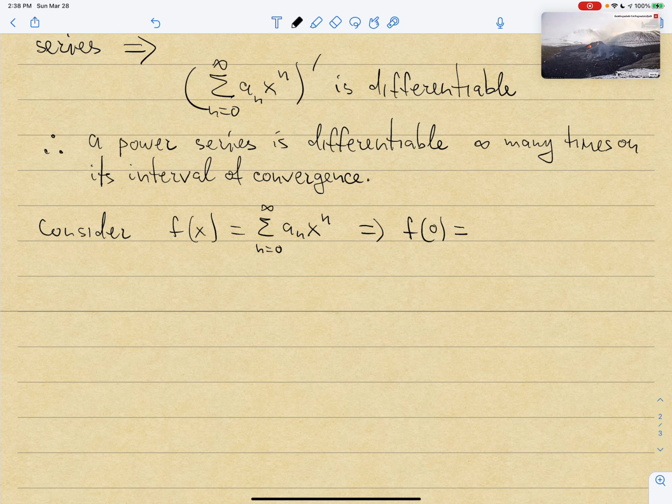In the series, all terms have x to some power in it, except for this first term, right? When I use n equal to 0, then I have x to the 0, it's just a constant. So if I plug in x equal to 0, then all terms will vanish, except for the first one, which doesn't have x in it, and that first term is simply a0.